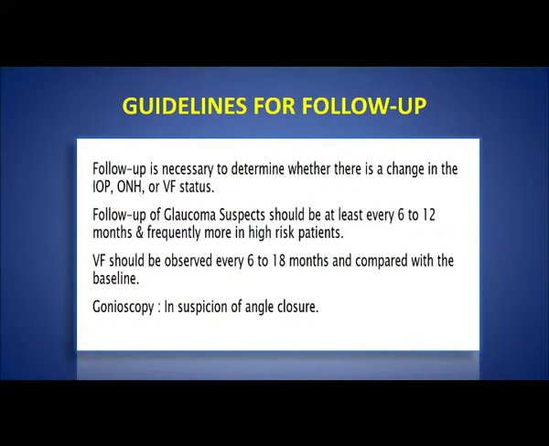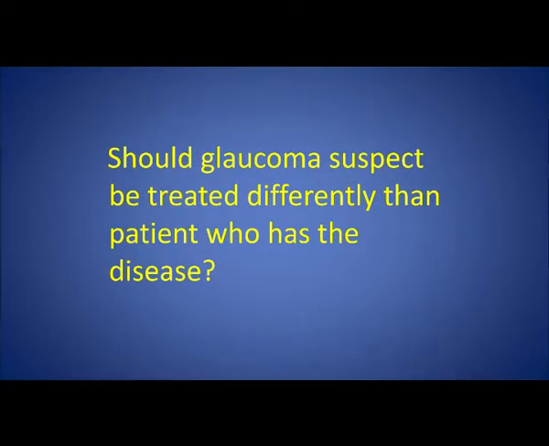Follow-up of glaucoma suspect should be at least every 6 to 12 months. Visual field should be observed every 6 to 18 months and compared with the baseline. Gonioscopy if suspicious of angle closure.